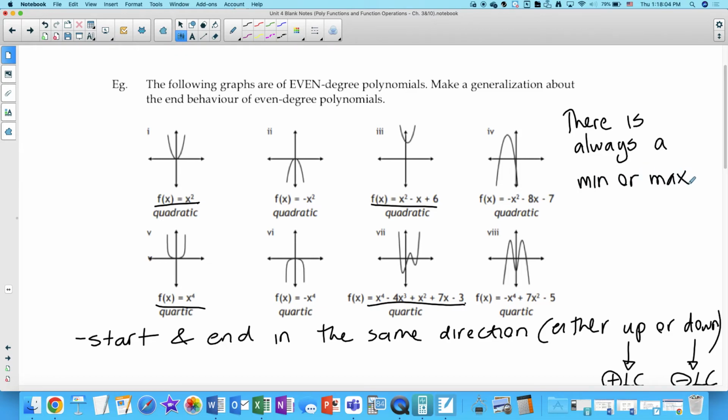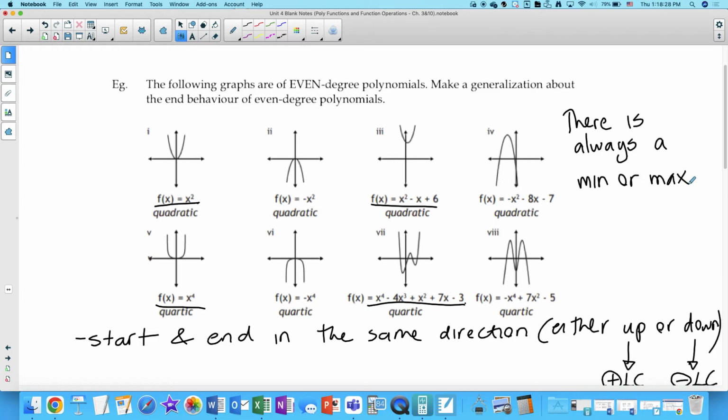One other thing before we get into the next question is that when you look at a polynomial function, there are two types of min and max points. There is an absolute maximum or an absolute minimum, which is the absolute smallest or biggest that the function could be.